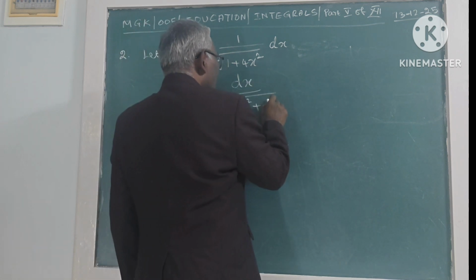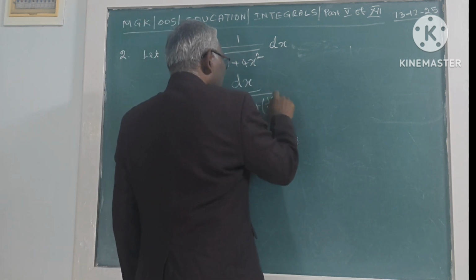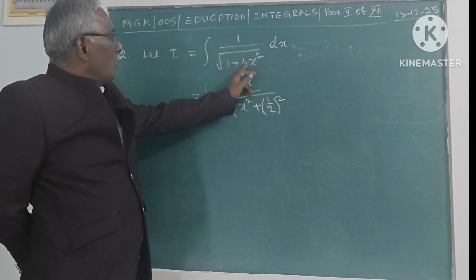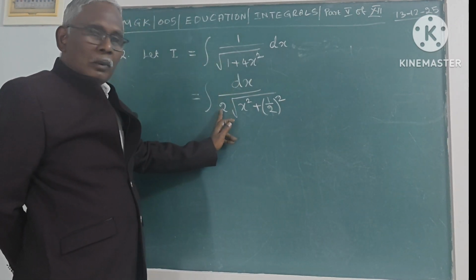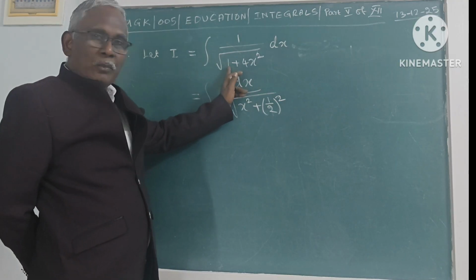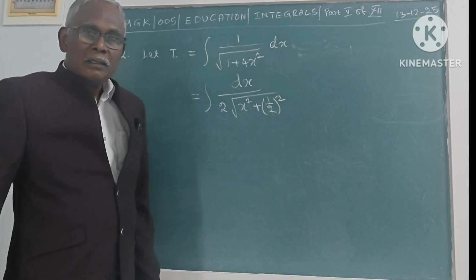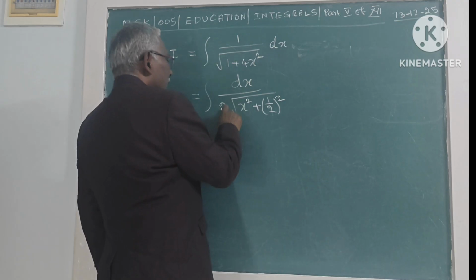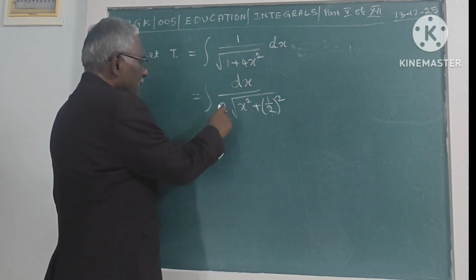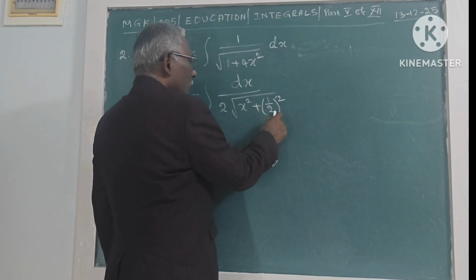So that is nothing but 1 by 2 whole square. Or otherwise you check: when you take 4 inside, 4 into 1 by 4 is 1, and we get 4x square.